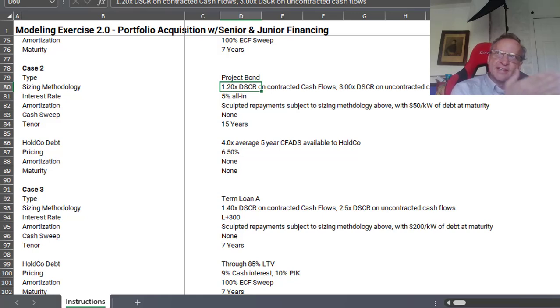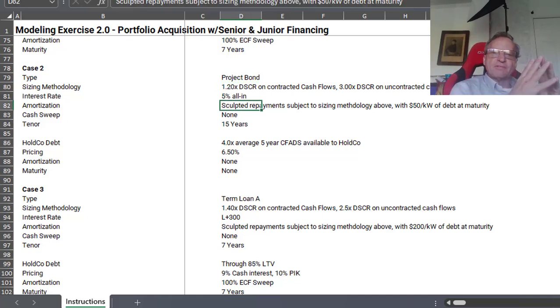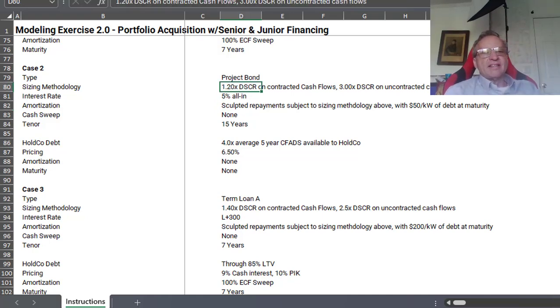So the good news is, they're making you think a little bit. And then they said, but when we do the sculpting, let's put $50 per kilowatt of debt at maturity, which means, if you think about this, you take the net present value of the debt service. So you get the contract cash flows and the non-contract cash flows with different DSCRs.